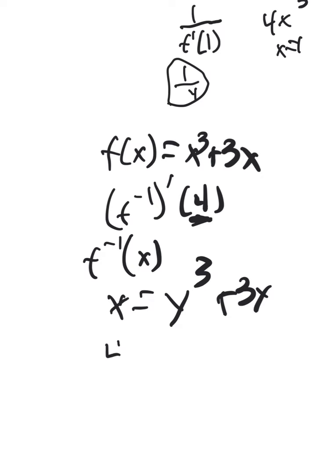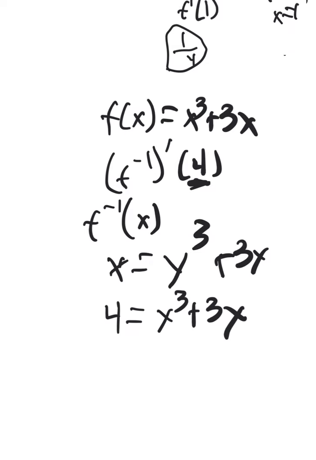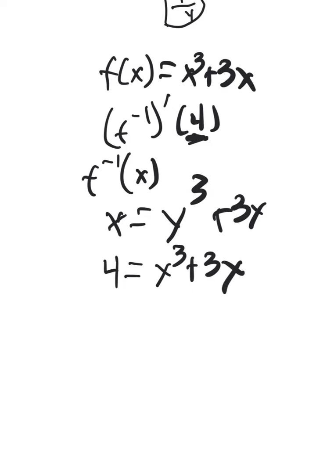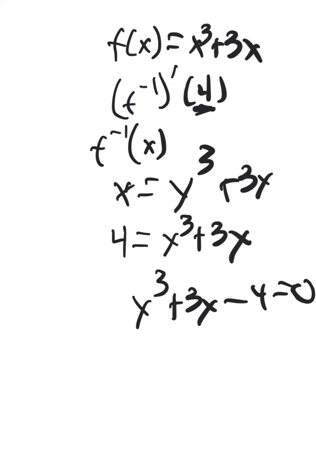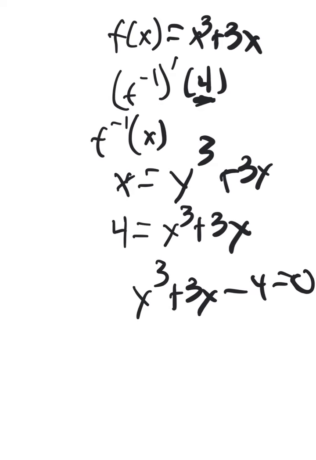So now we have 4 equals y cubed plus 3y. If we solve for y, we get y cubed plus 3y minus 4 equals 0. If you plug this into a calculator and solve for y, you'll get that y equals 1.